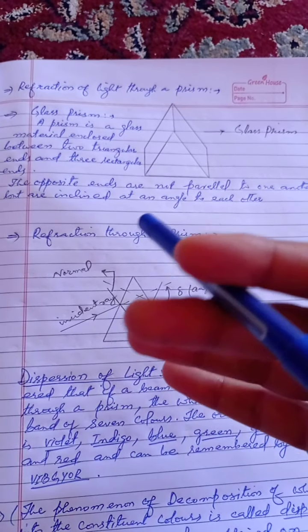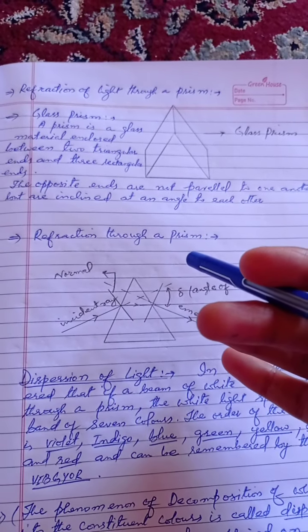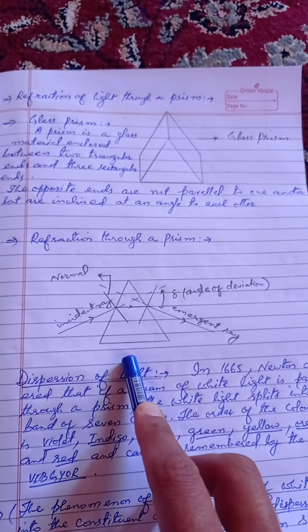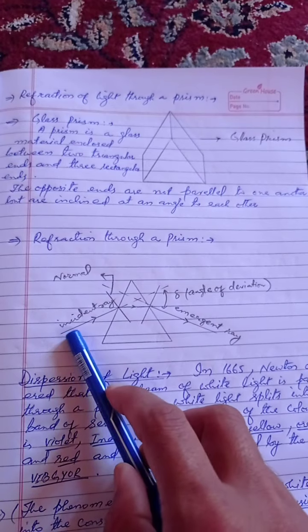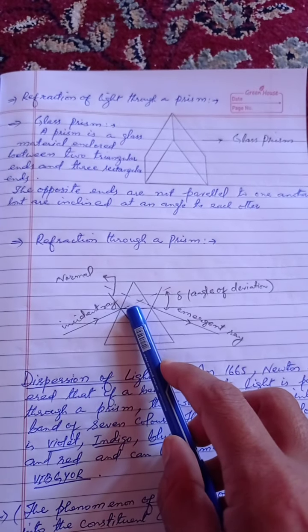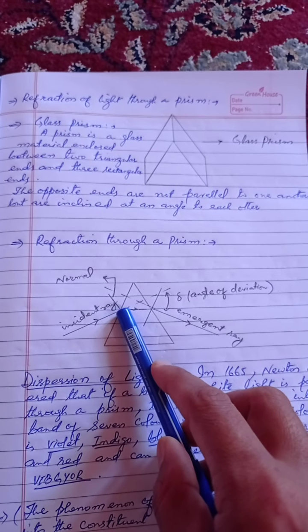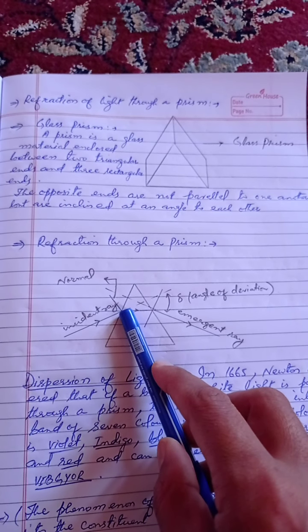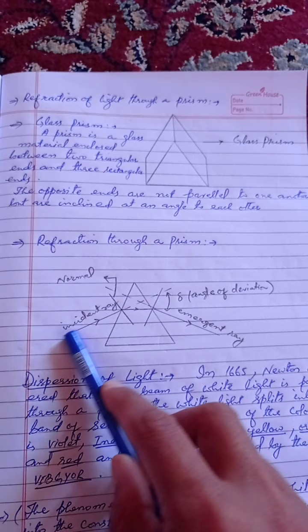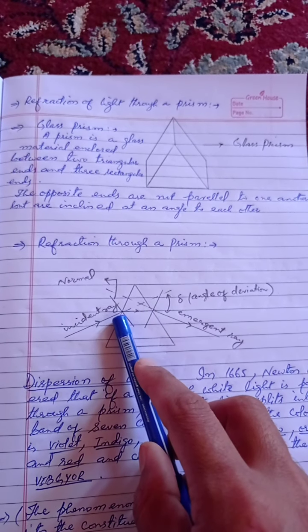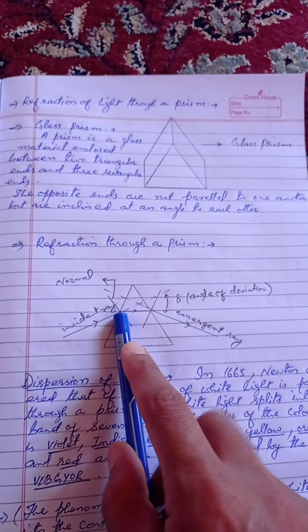Now let's try to understand what happens to a ray of light when it travels through this prism. Dear students, here is the diagram of the glass prism. This is the incident ray which is coming from the air. It strikes the glass prism at this surface. As air is one medium and the light now has to travel from air to glass, you are well aware refraction of light will take place here.